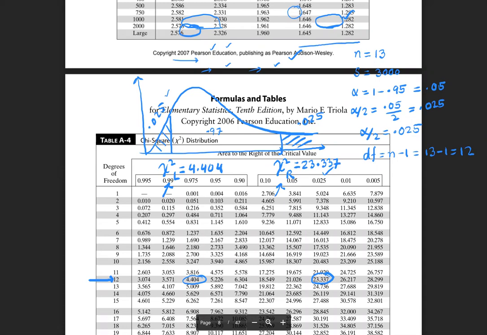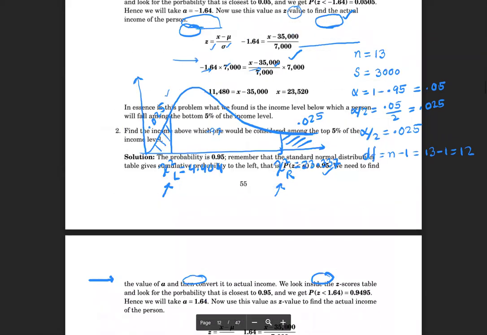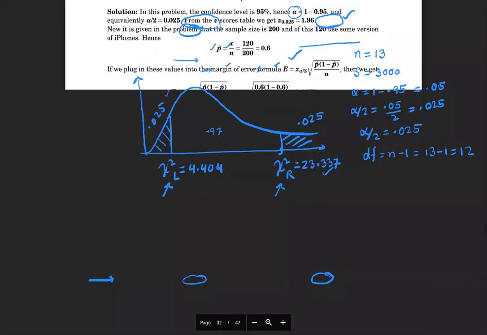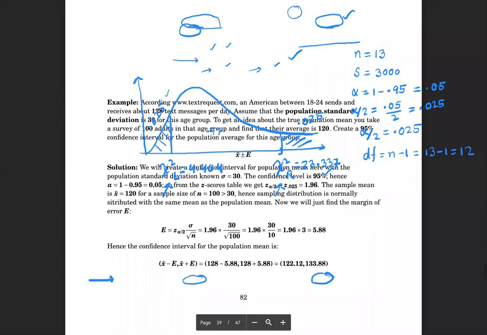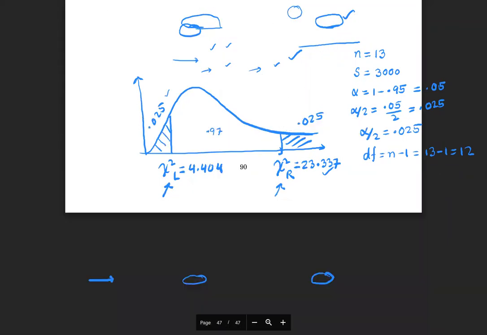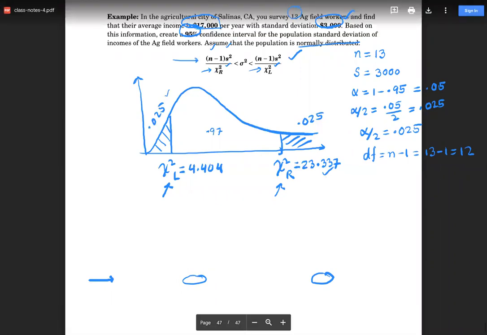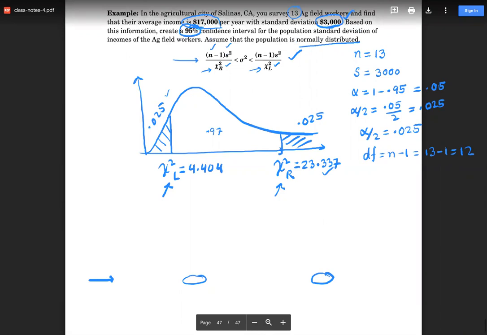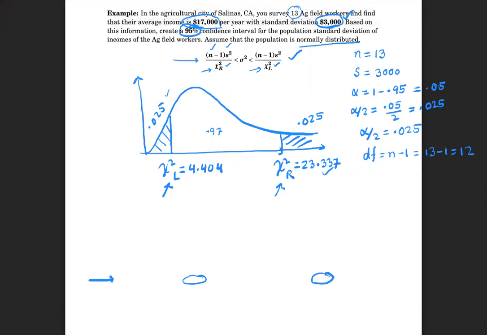Now let's go back to the problem. Now we have the values that we need.